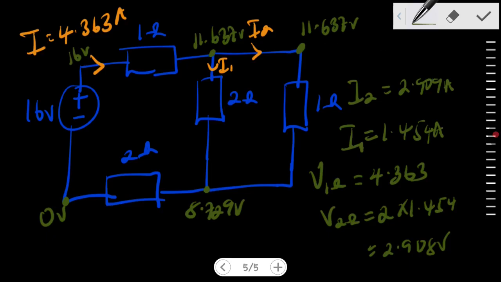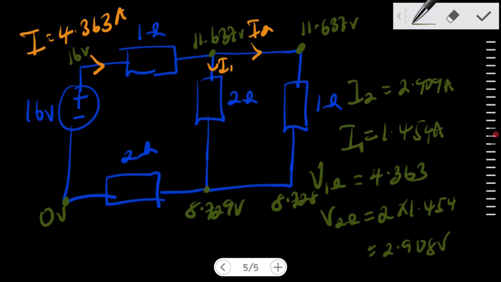So that means that for this resistor, we are going to have 11.637 minus 2.909, right? Giving us 8.728, right? Relatively, if you look at the potential, it's almost the same, right?